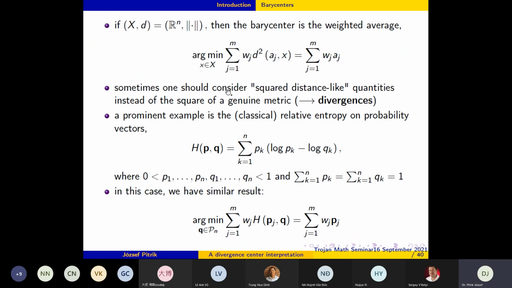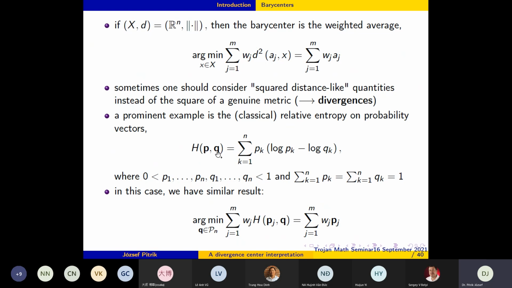In applications that involve measuring the dissimilarity between two objects, numbers, vectors, matrices, functions, distributions, etc., the divergence becomes essential. One such measure is a distance or metric, but there are many important measures which do not satisfy the properties of distance. A prominent example is the classical relative entropy of probability vectors, or Kullback-Leibler divergence.